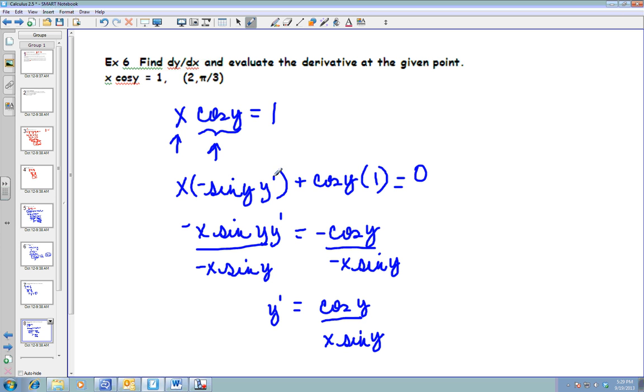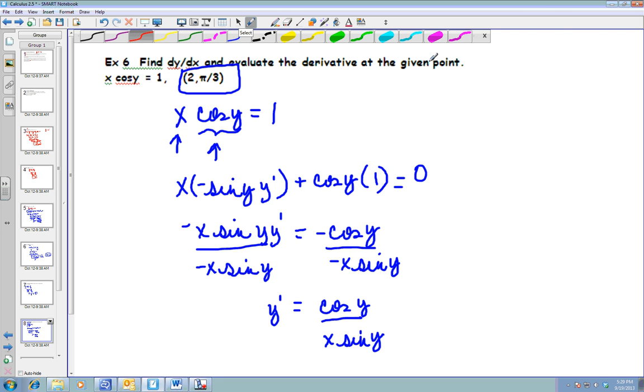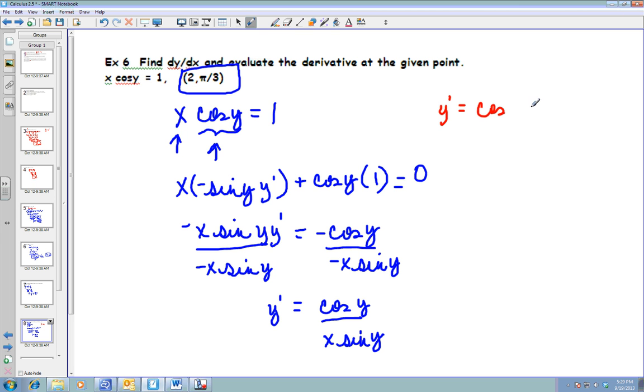Okay, so now I have to plug this point in. So let me change colors so we don't get everything mixed up. So I'm going to do it up here. Y prime equals cosine y, but y is pi over 3, over x, which is 2, times sine of y, which is pi over 3. Cosine of pi over 3 is 60 degrees, so the cosine of 60 is 1/2.